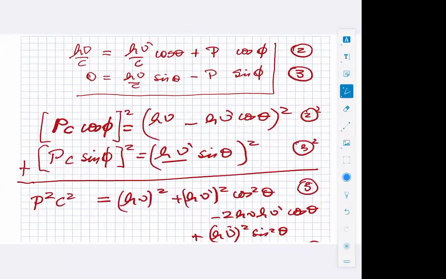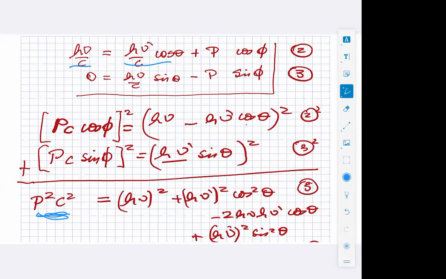See, this is one side, this is the other side. I've taken this one and squared it, which is equal to this term minus this term squared, and this one also squared, so I can eliminate the angle, and I have (pc) squared equal to all this, which contains the angles theta and phi.